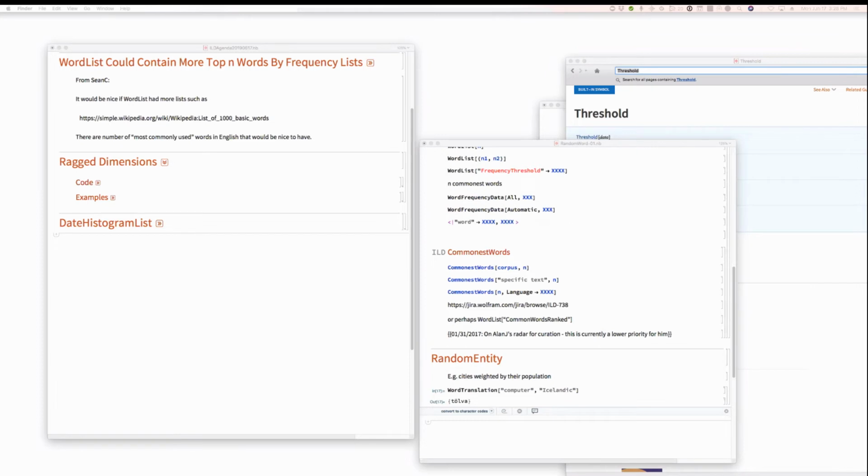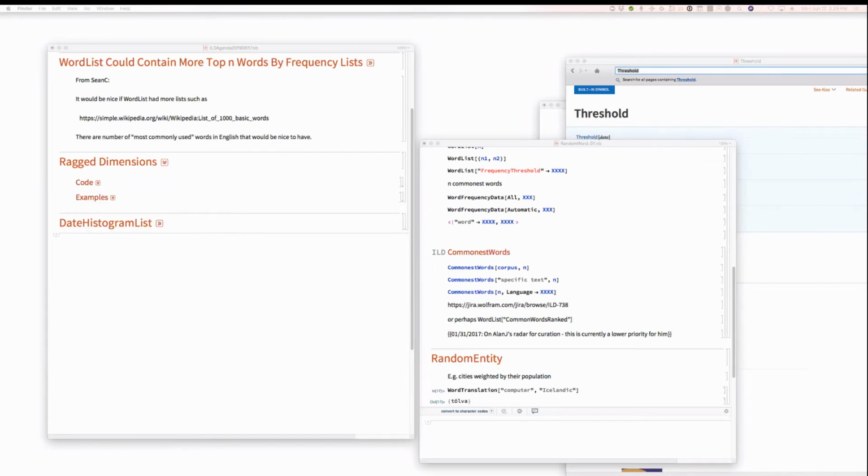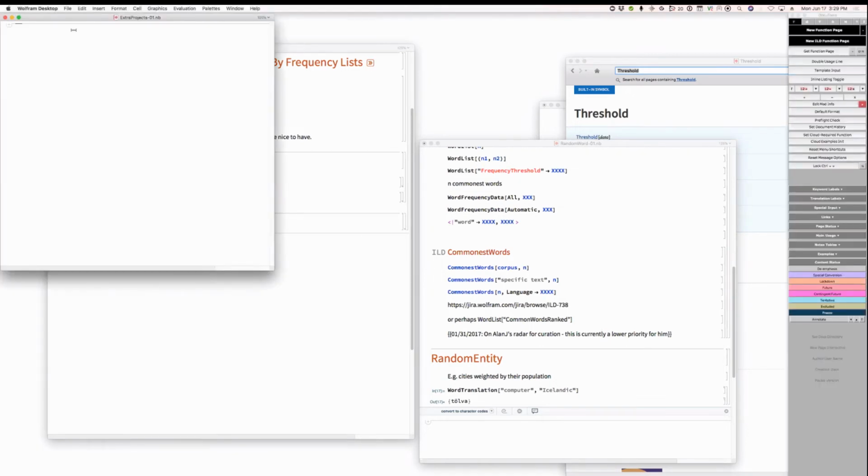But I have to say, I'm just going to add this to my nice organized list of projects for the year. Let's see, I think they already sent them out, so I've got to add these.